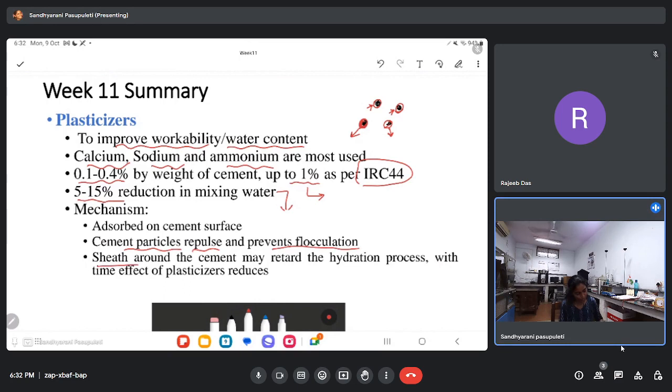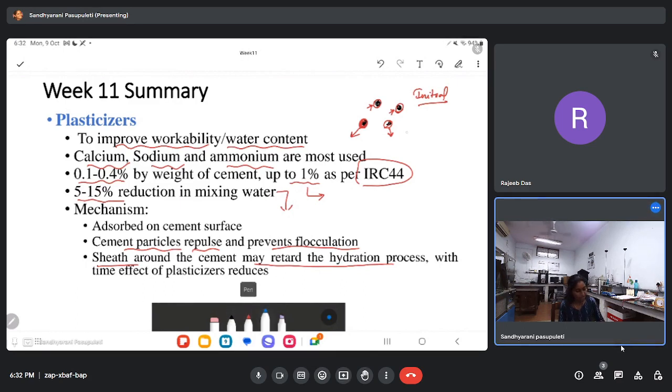This sheath around the cement may retard the hydration process with time. In the initial period it is okay because you need the workability. Once you have completely mixed and the mixing process is done, the hydration process may retard a little bit. How does hydration occur?